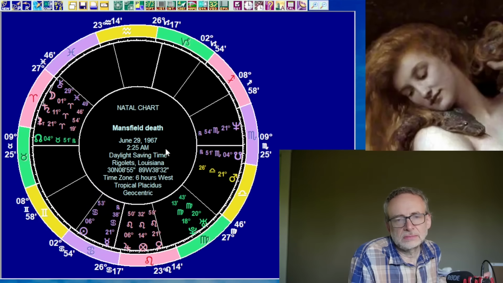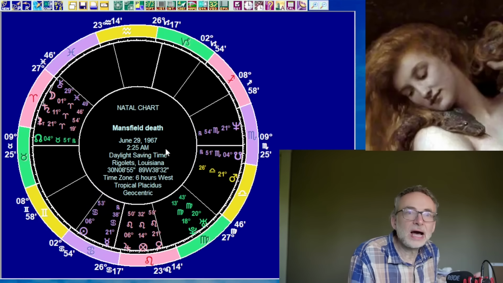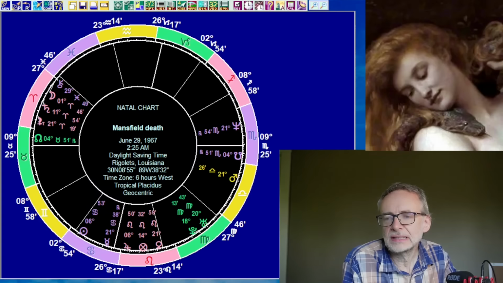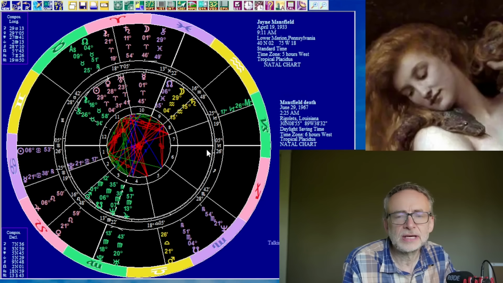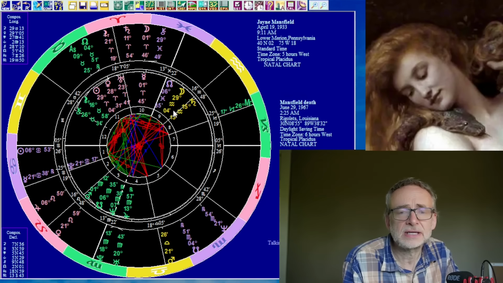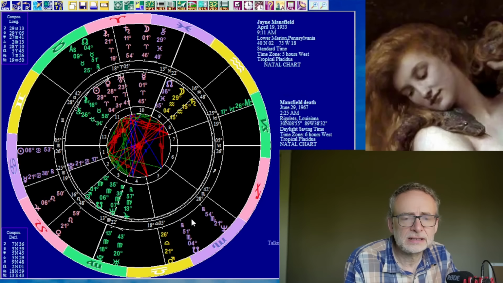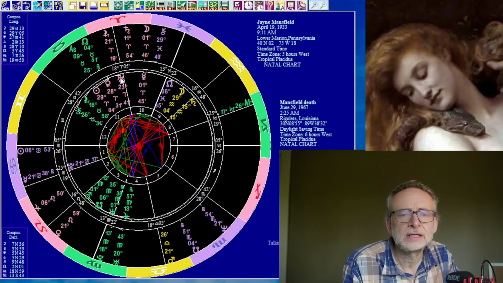So that kind of fits. Someone who was a Hollywood star, someone high profile. There's Jayne Mansfield, and I'm not, by the way, saying anything amazing is going to happen, but there is Jayne Mansfield's horoscope in the middle, and that's the chart of her death on the outside.